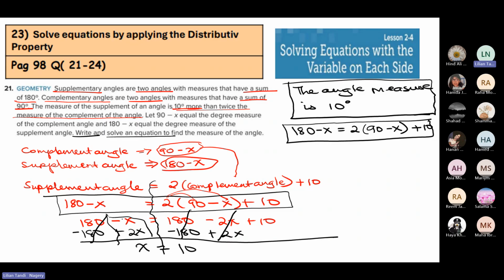Negative 1, not 1, negative 1. What is negative 1 plus 2? Please use your calculator. 1. Okay, so 1x. This is 1x. Okay?